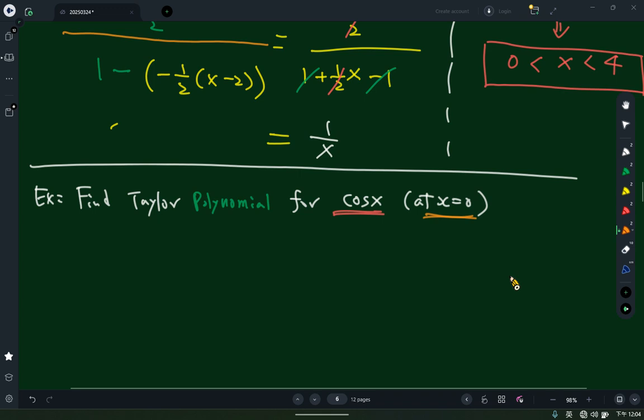And the so-called Taylor polynomial versus Taylor series. The only difference is that for the Taylor series, we will have an infinite number of terms. But for the Taylor polynomial, we just consider n terms.